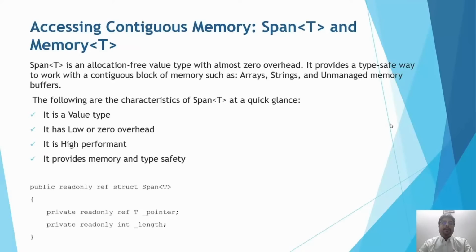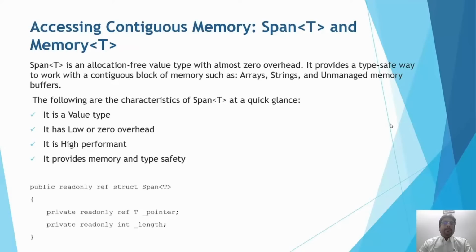We'll have an example after this. Span<T> is an allocation-free value type with almost zero overhead. It provides a type-safe way to work with a contiguous block of memory such as arrays, strings, and unmanaged memory buffers. The following are the characteristics of Span<T>. It's a value type. It has zero or low overhead. It is high performant. It provides memory and type safety.